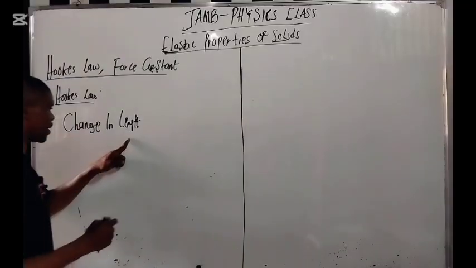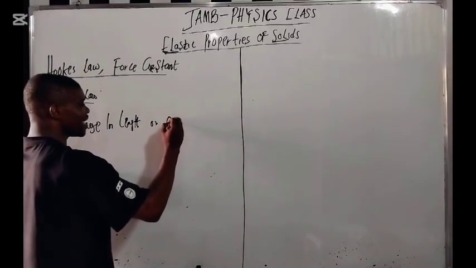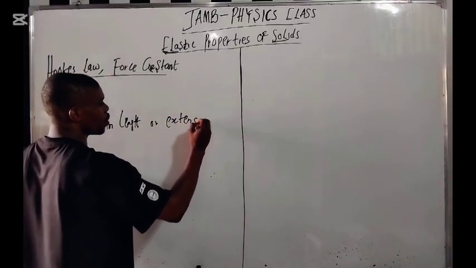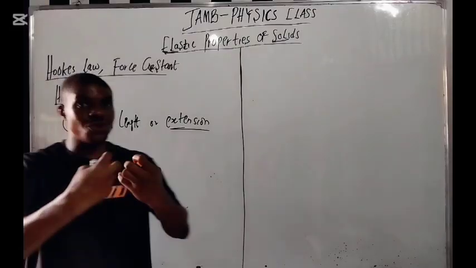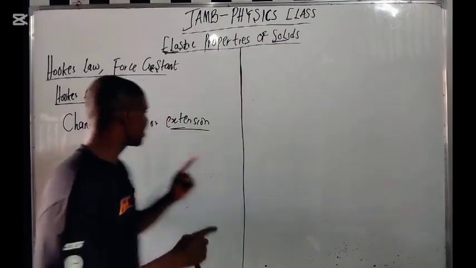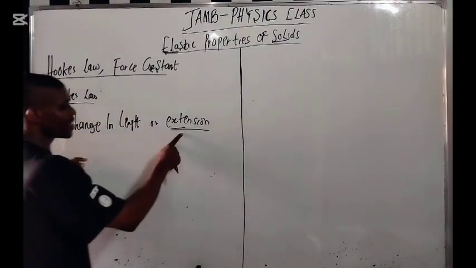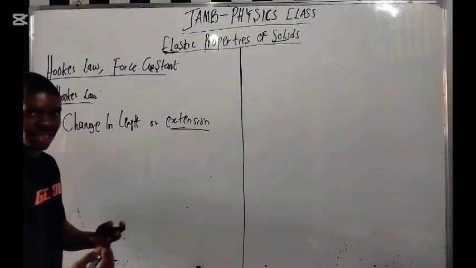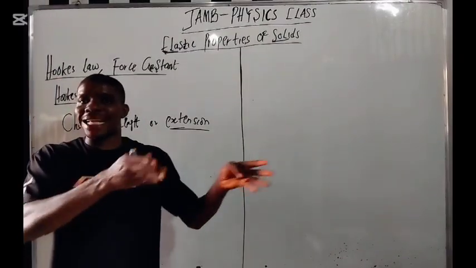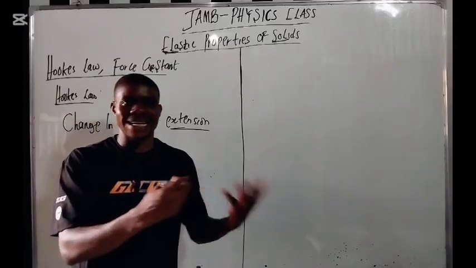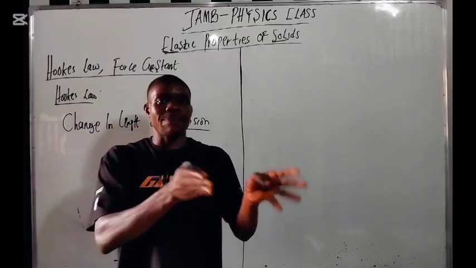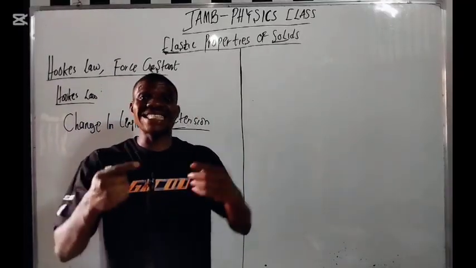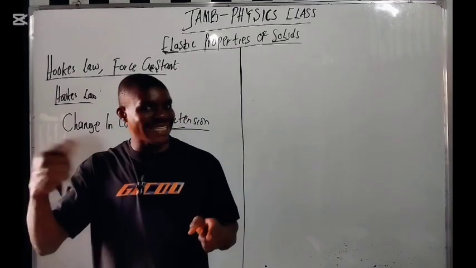The change in length is just called extension. That is, you extend it. The change in length or extension of an elastic material is directly proportional to the applied force, that is, the force you apply, provided that the elastic limit of that material is not exceeded.